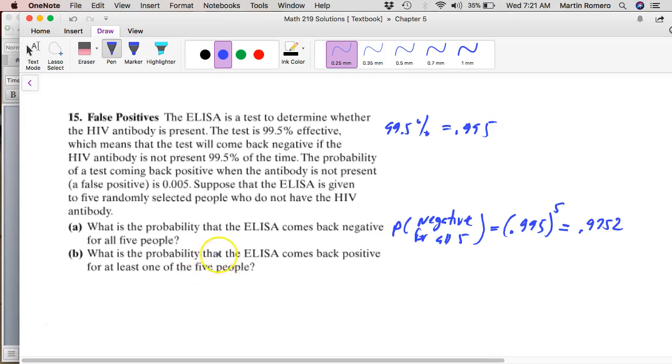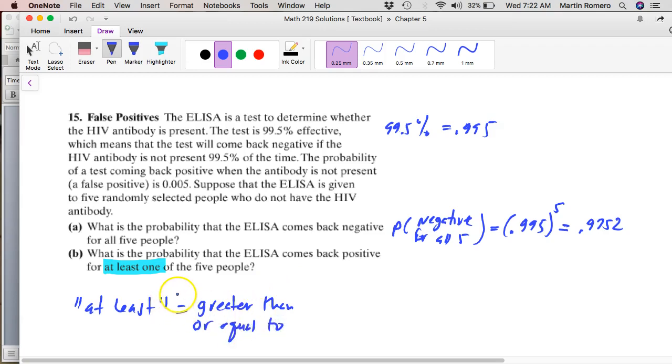And so in this case, we need to get back to the definition. To answer this question, it's important to highlight what does at least one mean. And so going back to your notes here, at least means greater than or equal to.